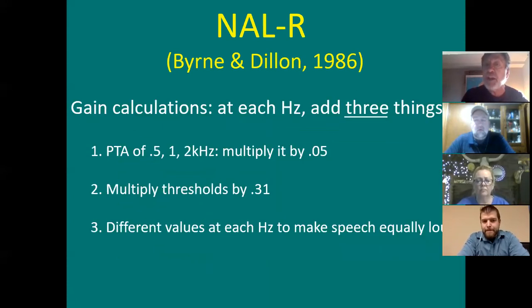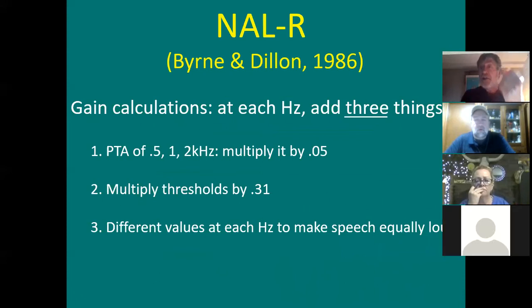What NAL did to come up with their target was, at each frequency, they took the pure tone average, and they took the threshold in question, the particular frequency in question, whatever it was, 250 hertz, whatever the threshold was at 250 hertz, they added that to the pure tone average that they had multiplied by 0.05.